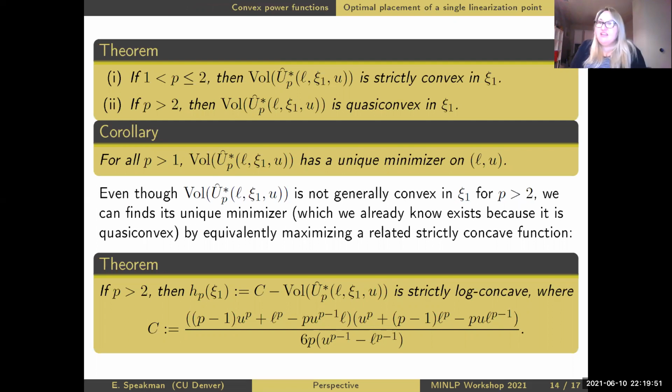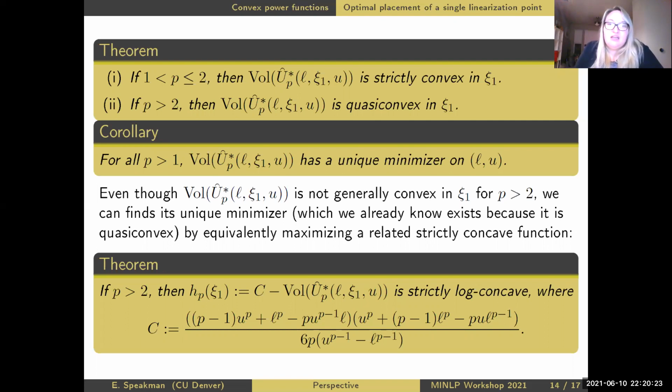And even though one linearization point may at first glance not seem that interesting, it can actually be useful because we would first split an interval by using our one linearization point, and then we could do some kind of greedy idea to then split both halves to find the best linearization point between those. So it could be useful to know.